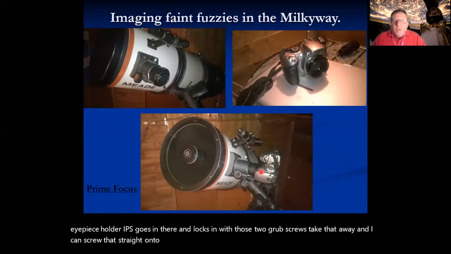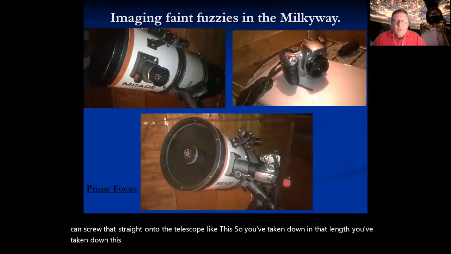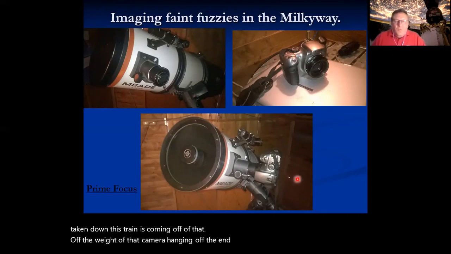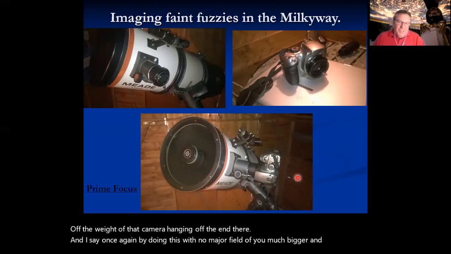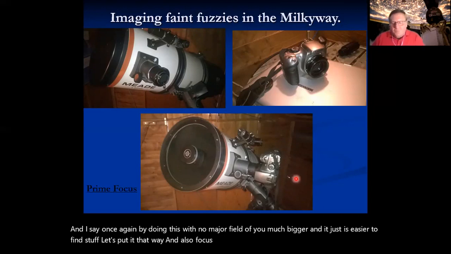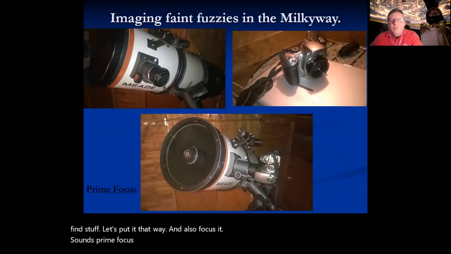So you've taken down that length, and you've taken down the strain coming off the weight of that camera hanging off the end of it. By doing this, you've now made your field of view much bigger, and it's easier to find stuff, let's put it that way, and also focus it. So that's prime focus, as I say, the way that I use it.